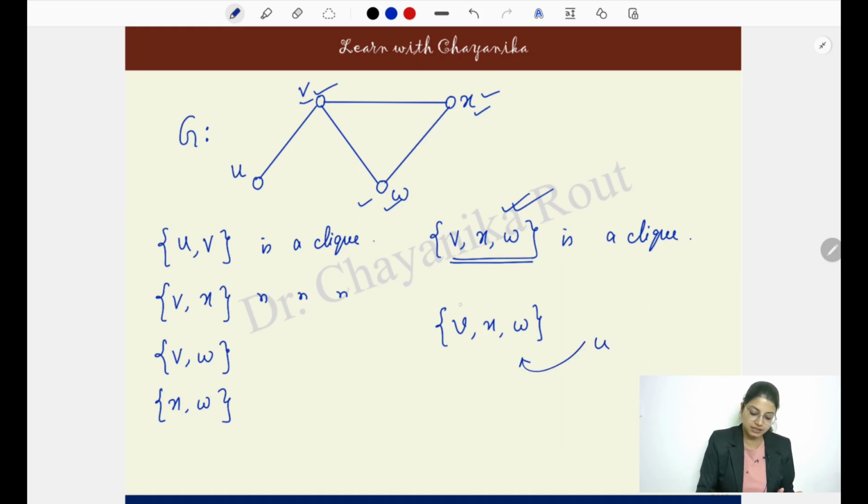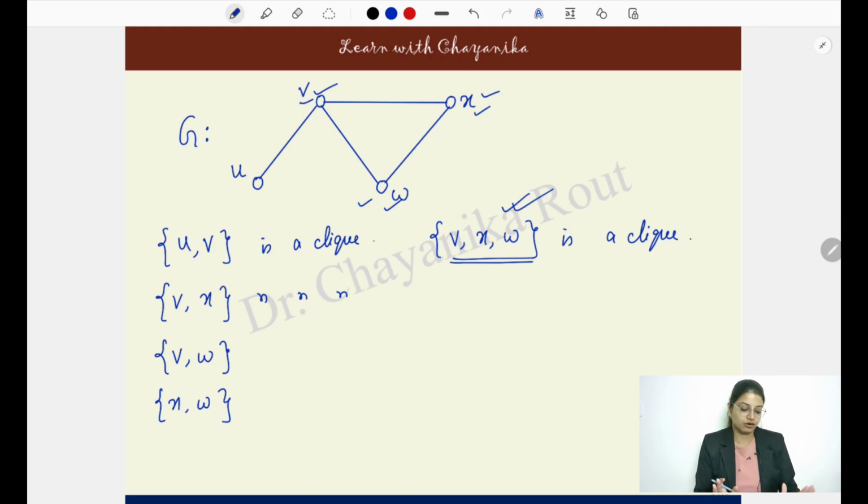U is adjacent to V but non-adjacent to X and W, so you cannot enter U and still have a clique. So I don't have any clique of size 4 here. These 5 are the only cliques of my given graph G. This is how we determine and list down all the possible cliques in a graph.